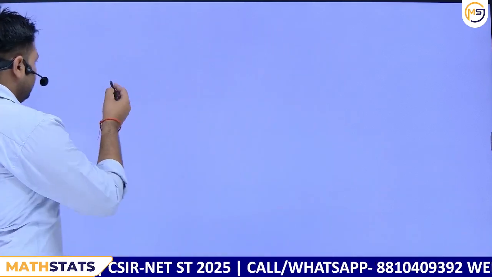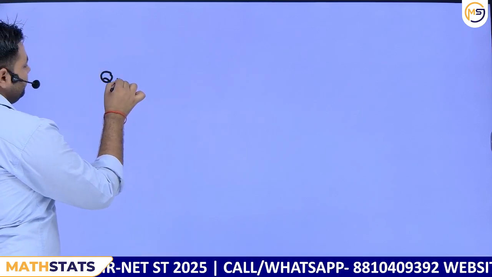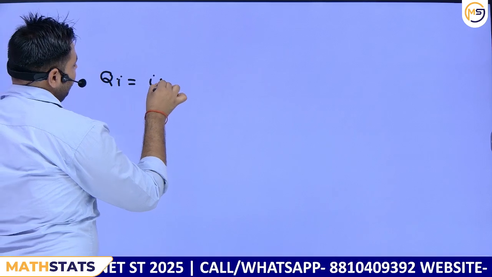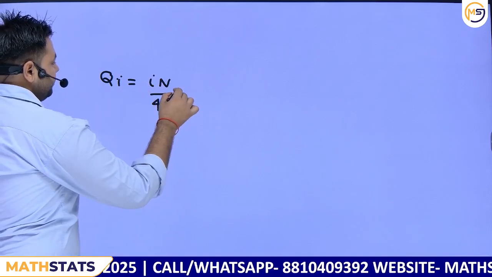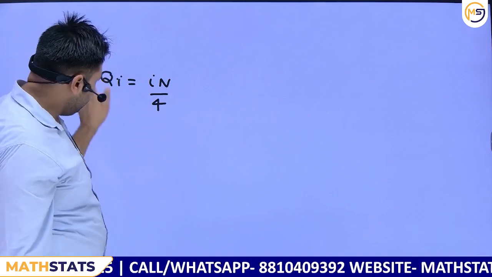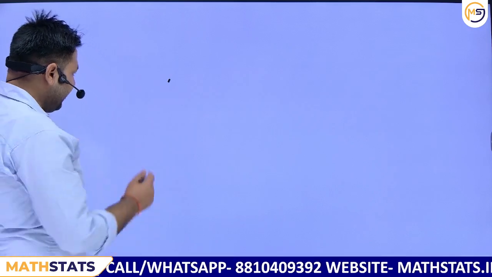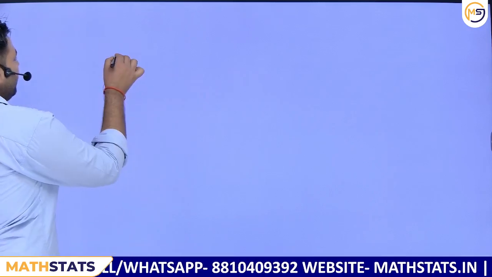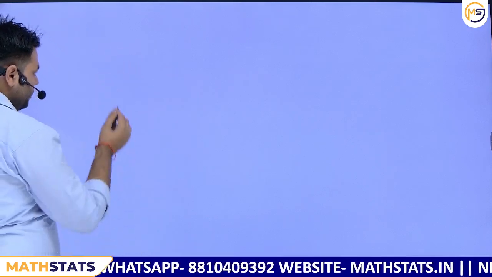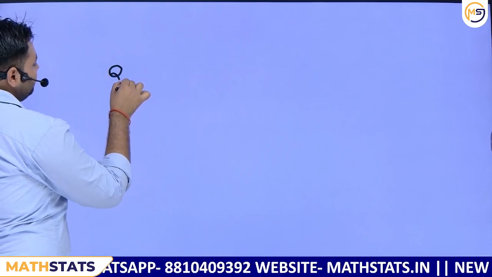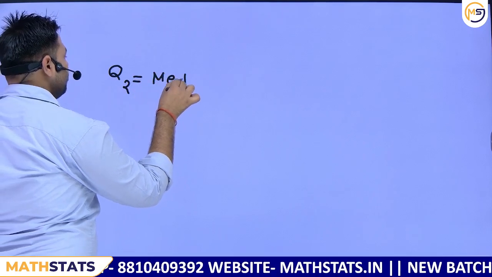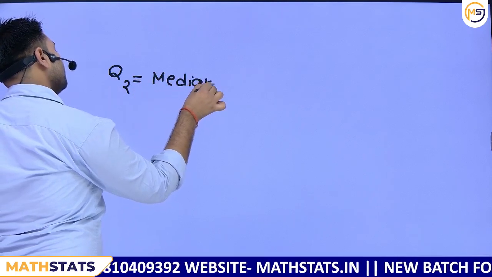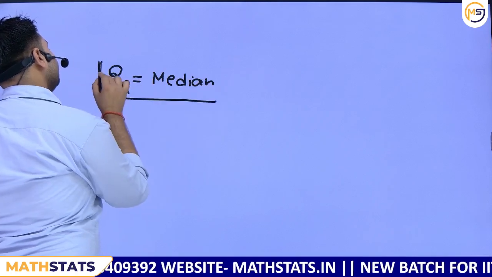So Q2 is equal to the median. Now, what is the formula of quartile?